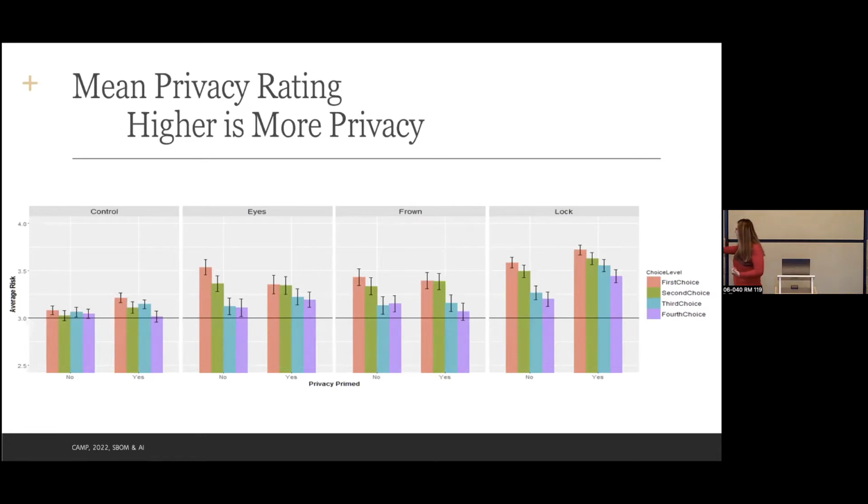And we communicated this with eyeballs, which are watching you, or with a frowny face, where more privacy was more sadness, or with locks, where you got more locks. You can see that even though the three columns here are the same information, it matters how you communicate to people. They don't know what the eyes meant, but they were comfortable with the locks.